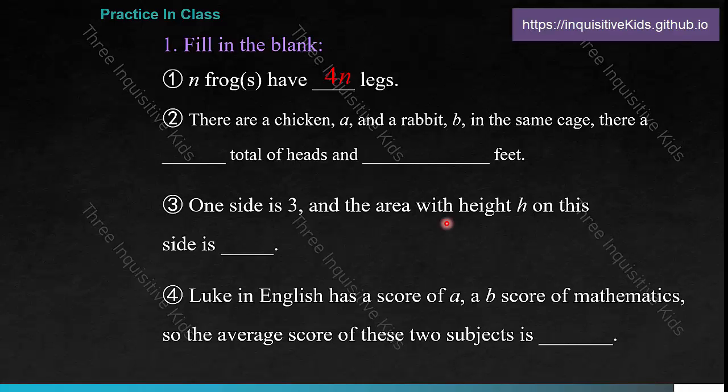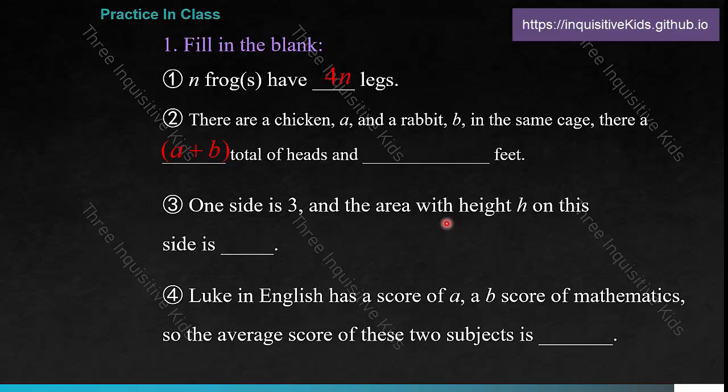So how we could first write it could be 1A plus 1B. But we know that we can omit that 1 because it's not going to change anything. So we can just write A plus B because there's that many animals and each animal only has 1 head. So that's going to be A plus B, total of heads.